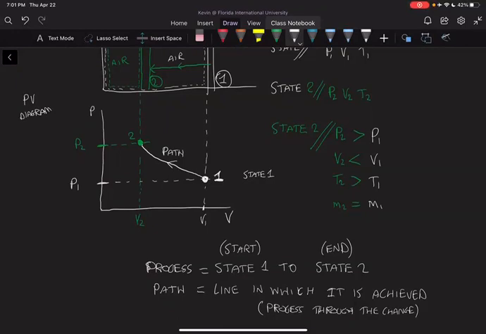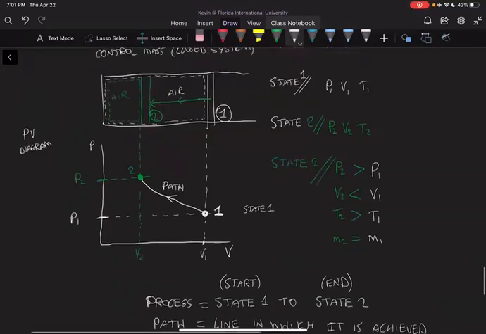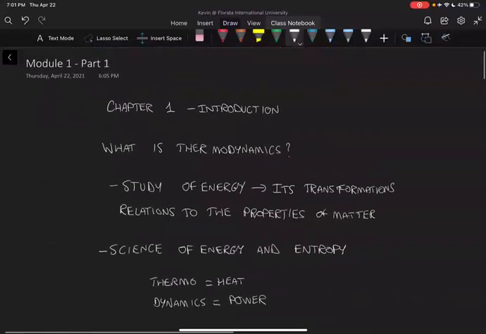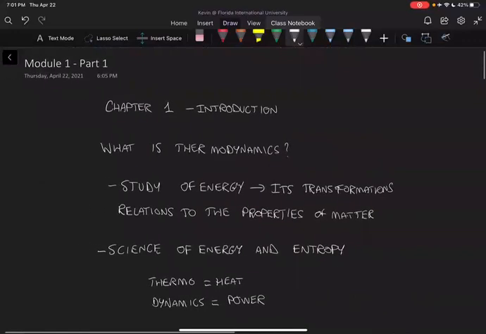So we're going to stop it here for this first part of module 1. We'll put processes and cycles in the next part.